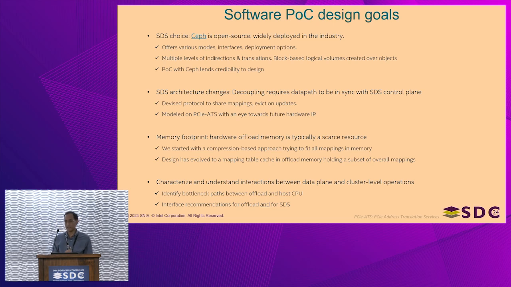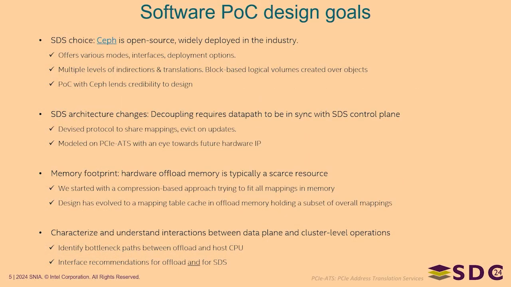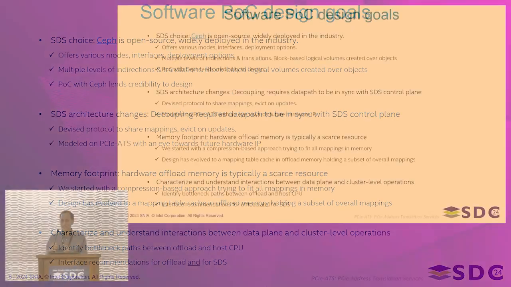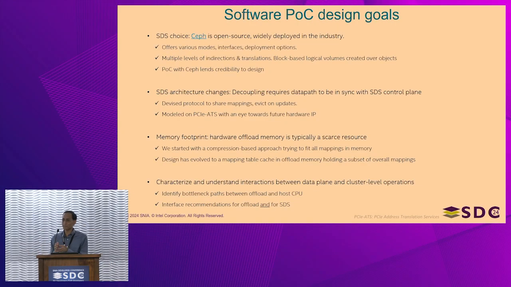Yeah, I think that was about making sure that the SDS layer is in sync with the companion module. And I've had a couple of folks scratch their heads about why PCIe ATS here. There's a parallel here.